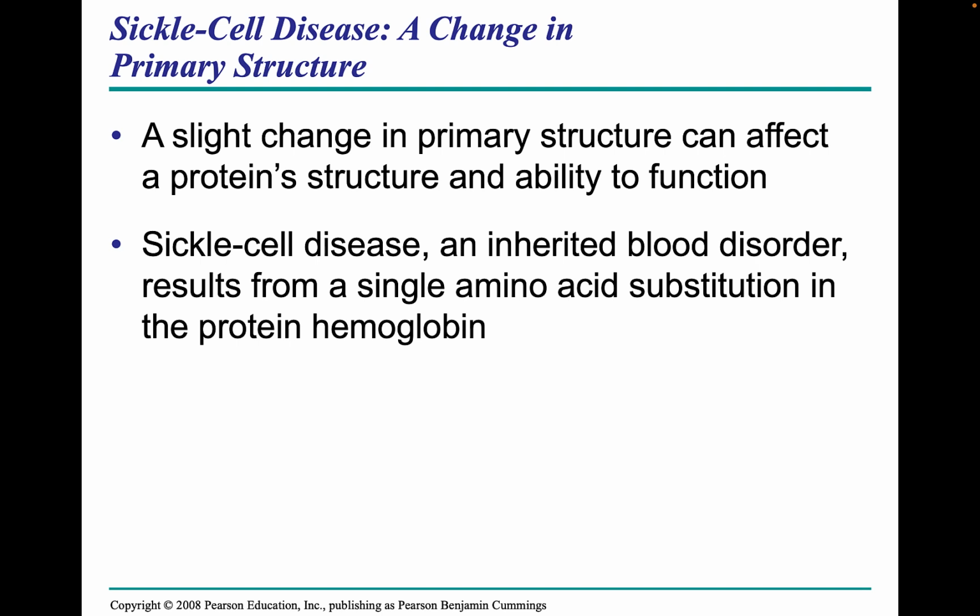Valine for a glutamine. Yeah, valine for a glutamine. No, it is glutamic acid, yeah. Substitution of valine for glutamic acid results in a sickle-shaped cell that gets caught inside of the capillary and causes the disease.